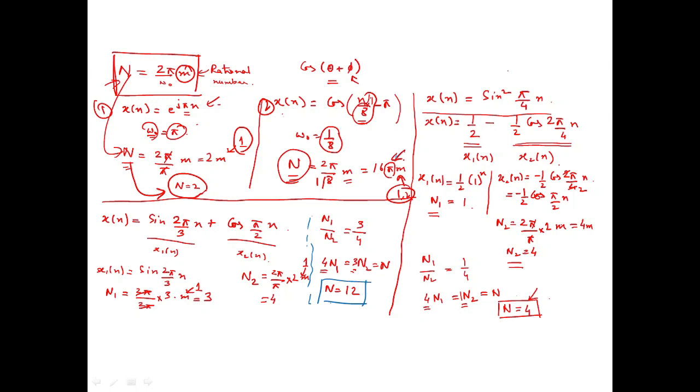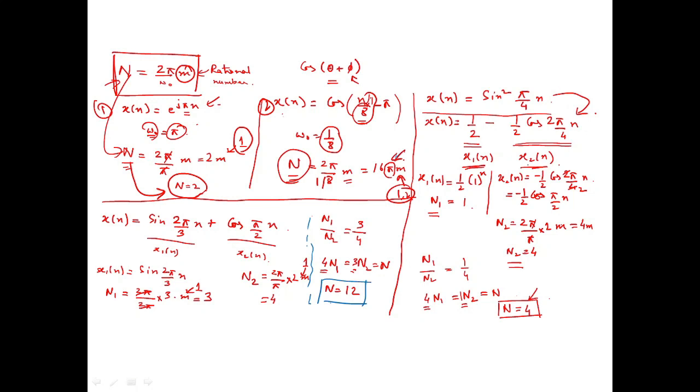Now coming to the next question, x[n] equals sine square of pi by 4 n. If you see, we have broken it into two components, x1[n] and x2[n]. I hope every one of you knows how it came from here to here. It is basically the formula for sine square theta. From there we got x1[n] and x2[n].